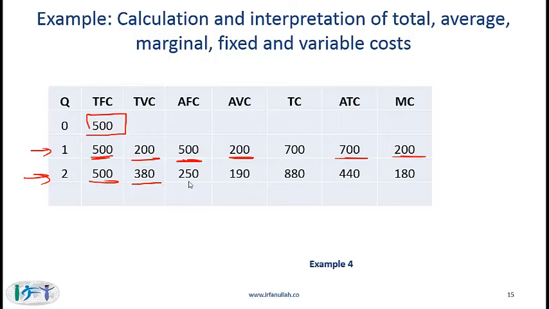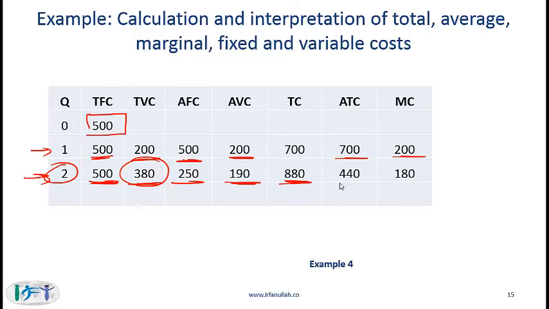The average fixed cost now is 500 over 2, which is 250. The average variable cost is 380 divided by 2. The total cost is equal to 500 plus 380.